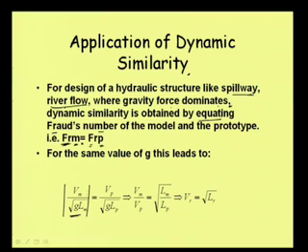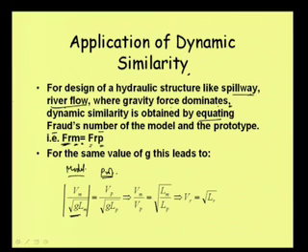In case of similarity of Froude number between model and prototype, we can write Vm by root over G Lm is equal to Vp by root over G Lp. That is, the Froude number of the prototype is equal to the Froude number of the model.